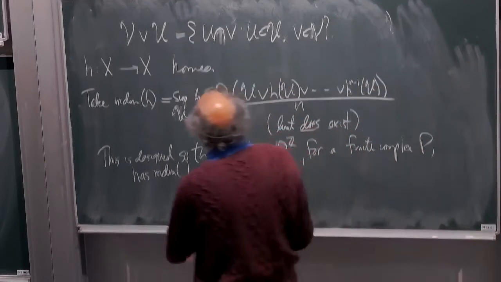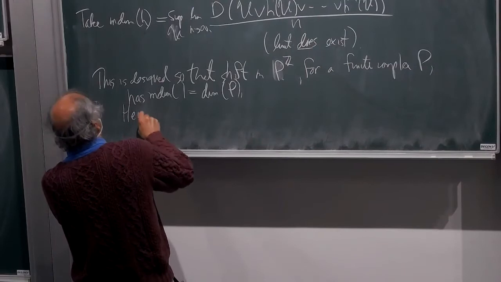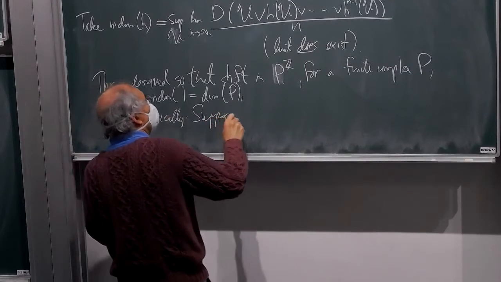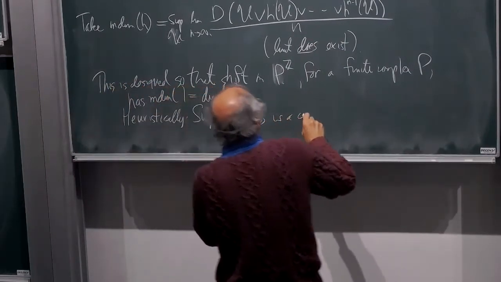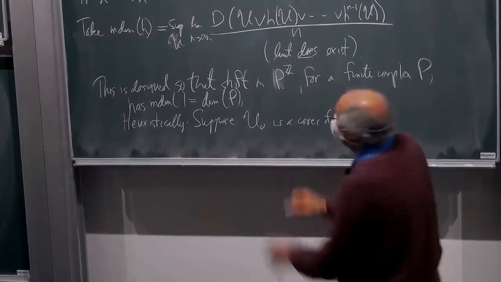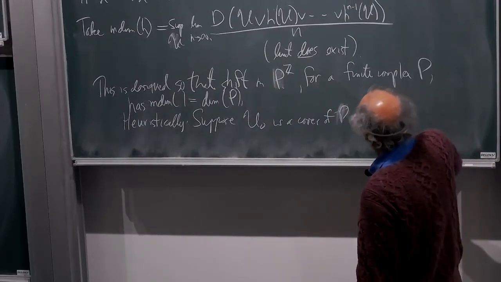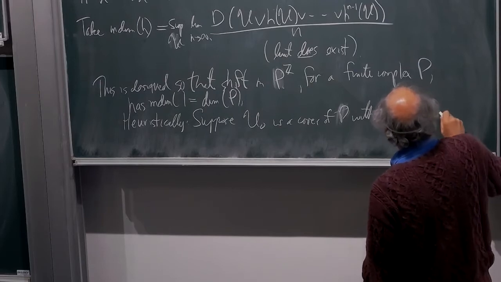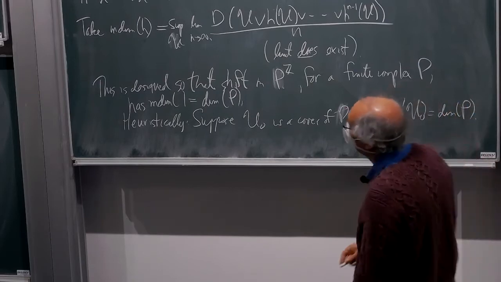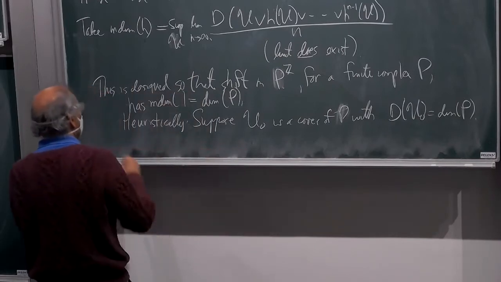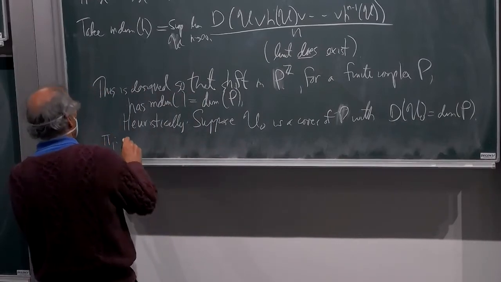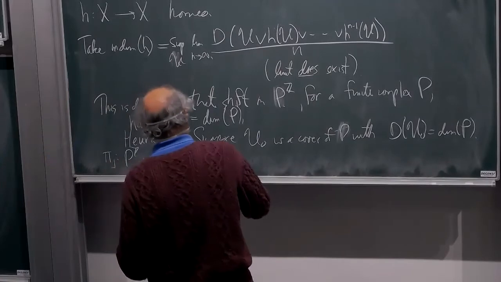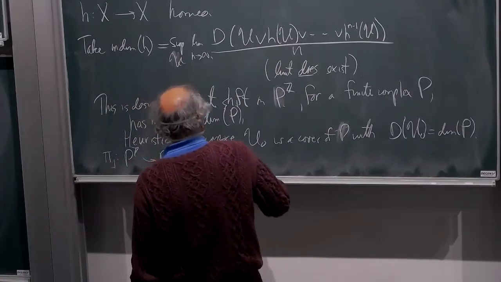Right, so heuristically, suppose U0 is a cover of P, which gives you the dimension of P. And then let pi j be the map from P to the Z to P. And I'll look at pi 0 star of U0.